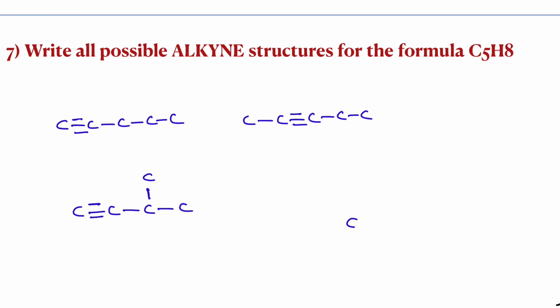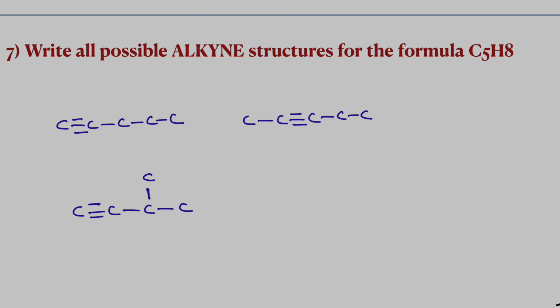Next, let us try a 3 carbon chain. It should be like this, and we cannot accommodate a triple bond, so a 3 carbon chain is not possible. So in case of alkyne isomers: pent-1-yne, pent-2-yne, 3-methylbut-1-yne, and these are the three isomers of C5H8.